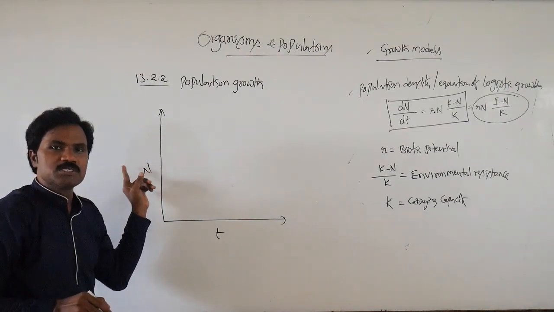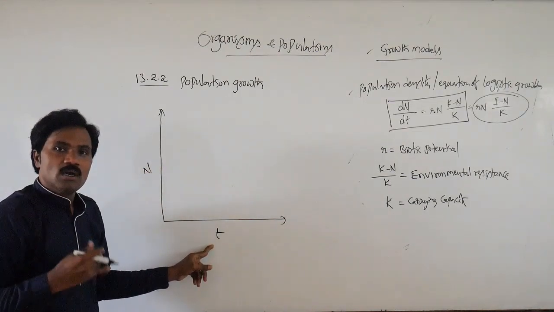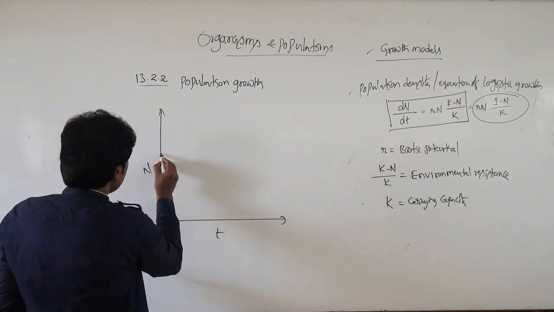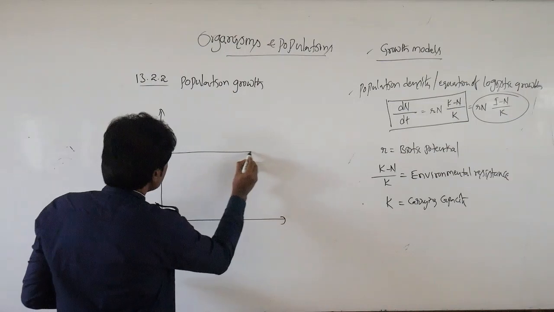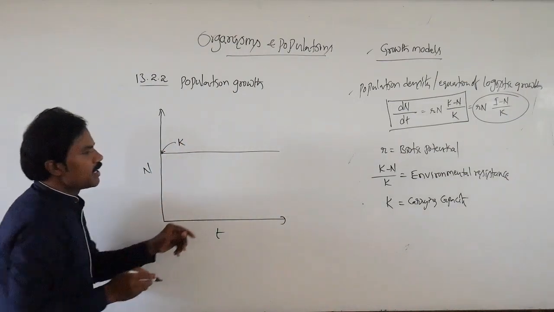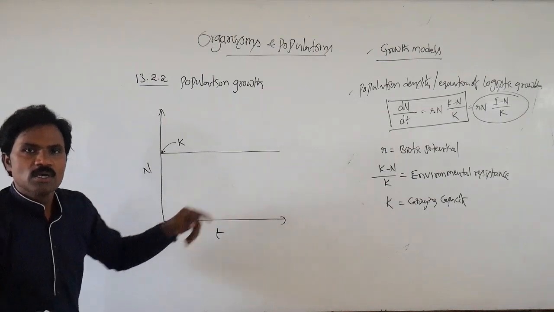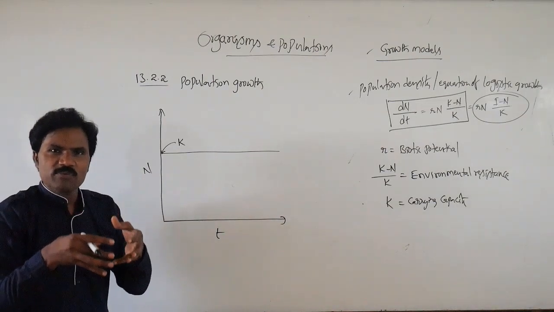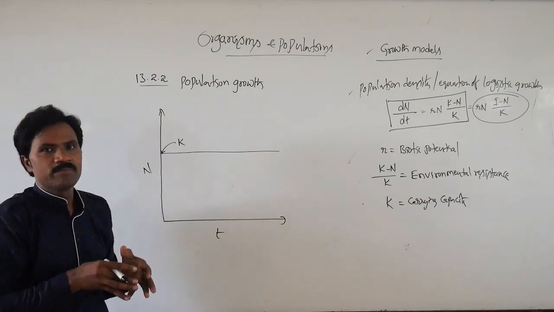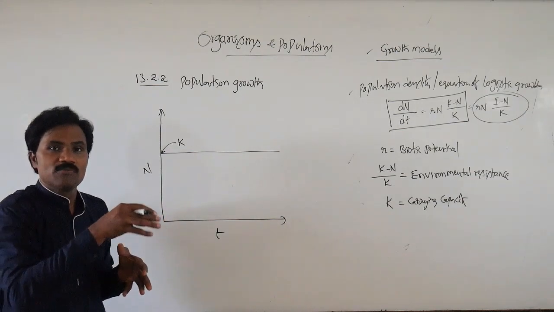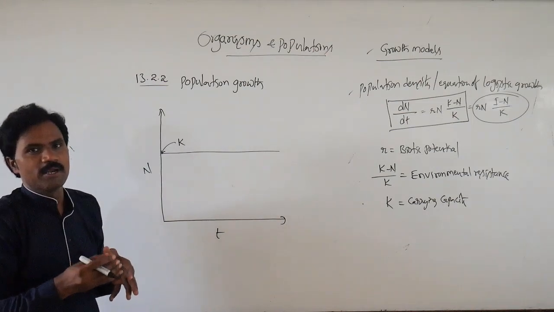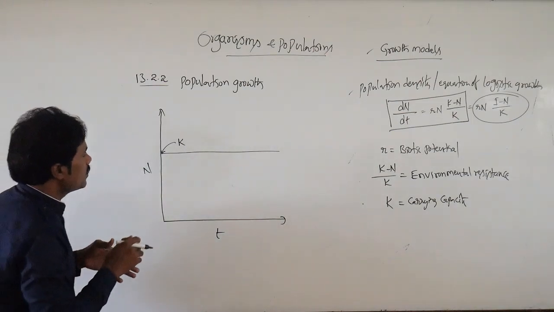N represents population density, T represents time period. In this, up to here, the carrying capacity is represented by K. K represents carrying capacity. Carrying capacity means the survivability of the species in a specific area. That means the resources are very limited, not unlimited.